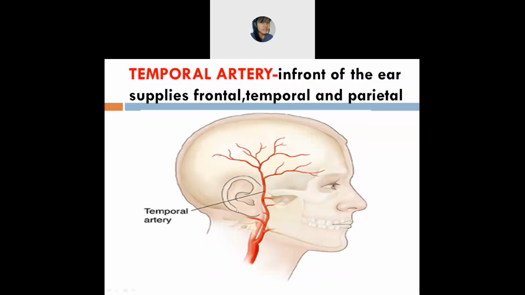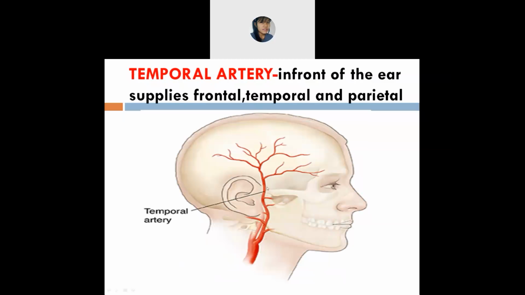Yes, ma'am. Okay, next is the temporal artery. So this is the temporal artery. You will find the temporal artery nearby your ear. Okay, so the temporal artery supplies the frontal, the temporal, and which area?